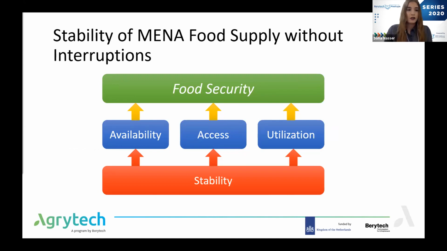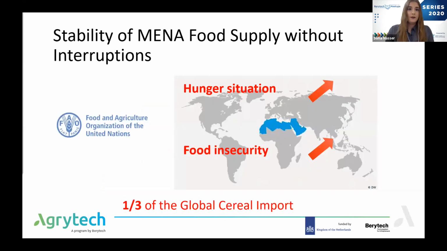So what is the question today? Why are we here meeting to talk about food security and specifically the stability of the food supply? Let me start by saying that stability is the first pillar struggling today in the MENA region.